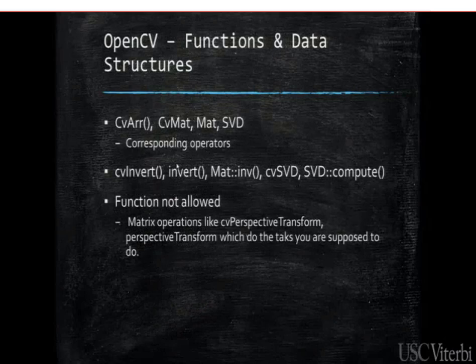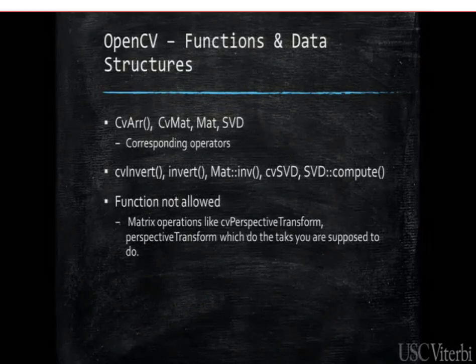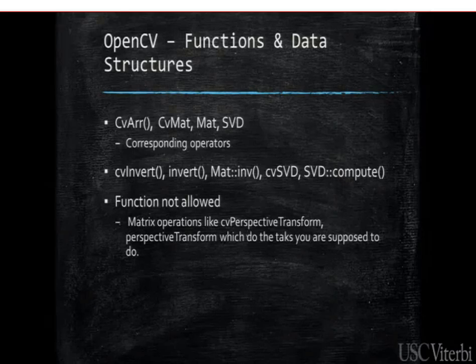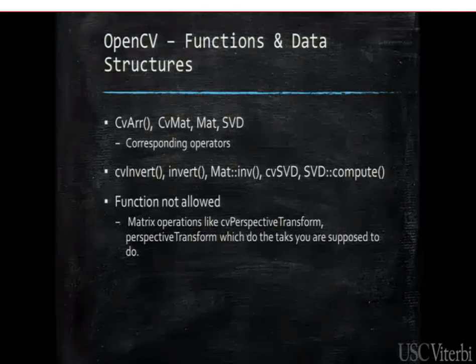So which functions are we allowing for this homework? A CV array is a data type in which you can create a dense matrix. For a sparse matrix, there is another function, but you don't need that. This class is good enough for your problem. You could also use CvMat, but CvMat is obsolete.